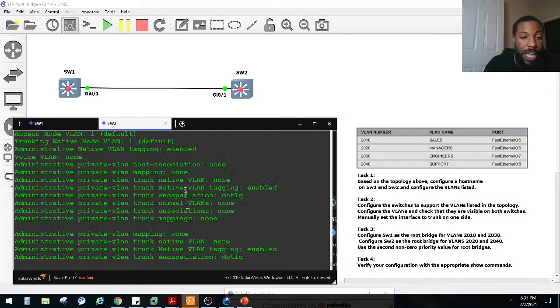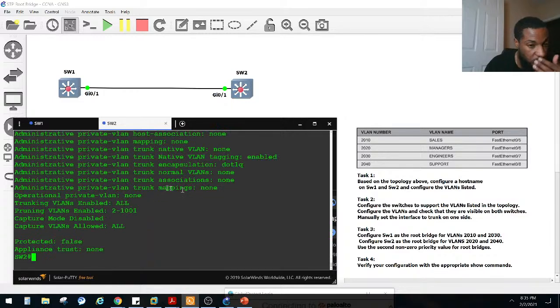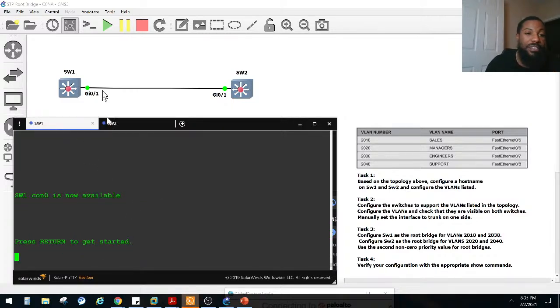We're going to make this side of the link a trunk, right? Y'all know what trunking is, right? Basically, all the VLANs can come across that trunk, whereas these other ports that we created are in one specific VLAN. See, I got a different labeling right here, but I'll show y'all real quick.